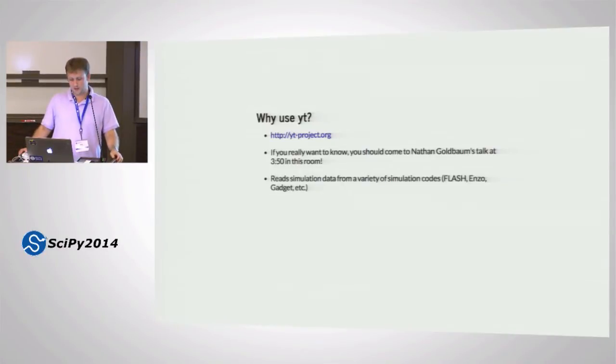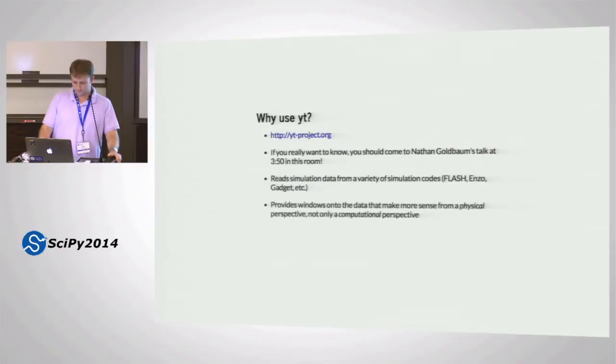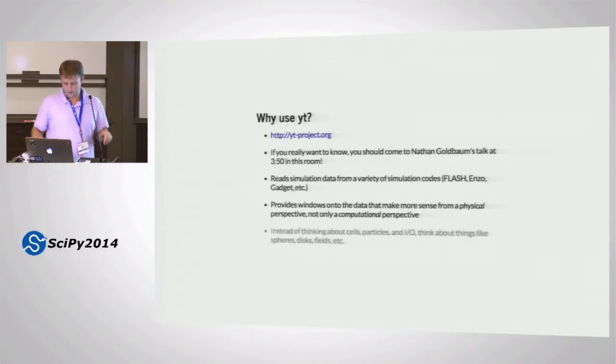The first is that it reads simulation data from a variety of different simulation codes: Flash, Enzo, Gadget. You can even read generic NumPy array data if it's in a sensible format. So you're not restricted to just one type of simulation data. The second is that it provides windows onto the data that make sense from a physical perspective, not just a computational perspective.